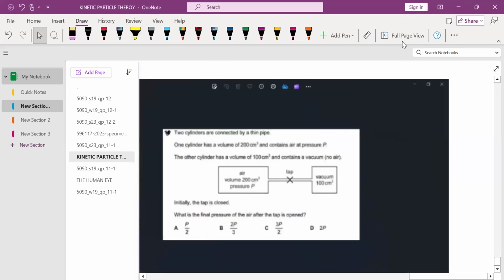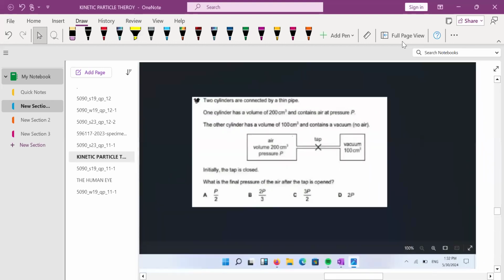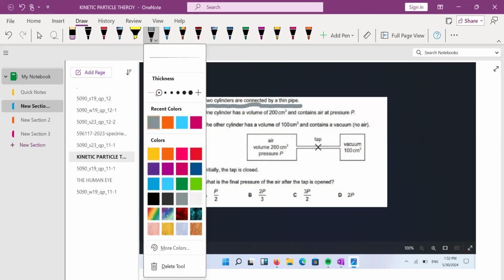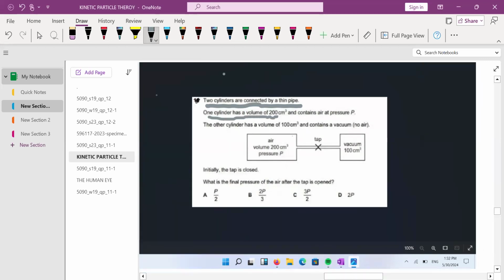This is the first question. Let's read out the question. The two cylinders are connected by a thin pipe. One cylinder has the volume of 200 cm cube. We can say that, for example, this is V1, 200 cm cube.